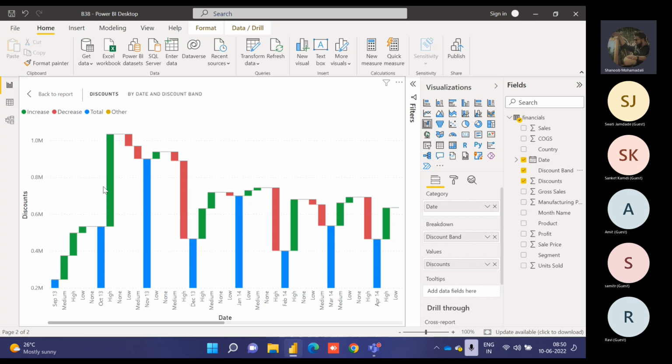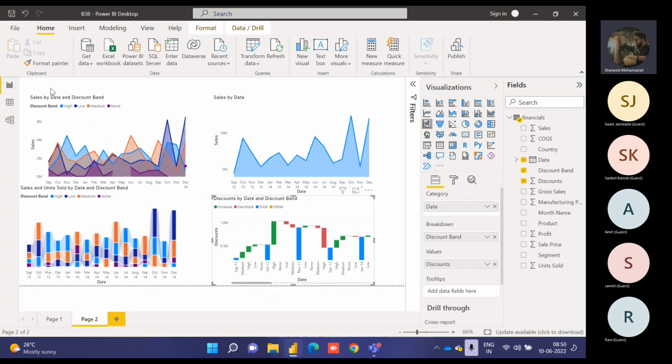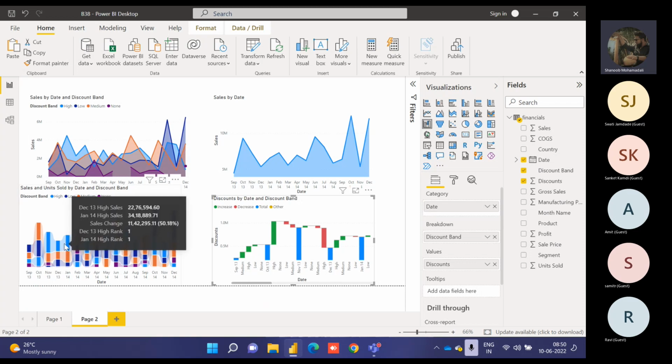So this would give you the comparison again, similar to the ribbon chart, but here the difference is calculated as increase and decrease. In the ribbon chart, you have to go ahead and see if the sales change is positive or negative.